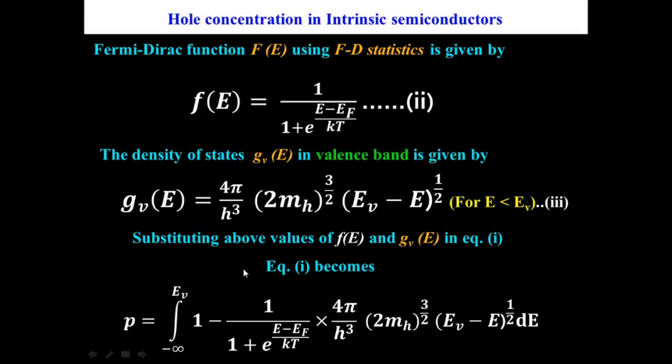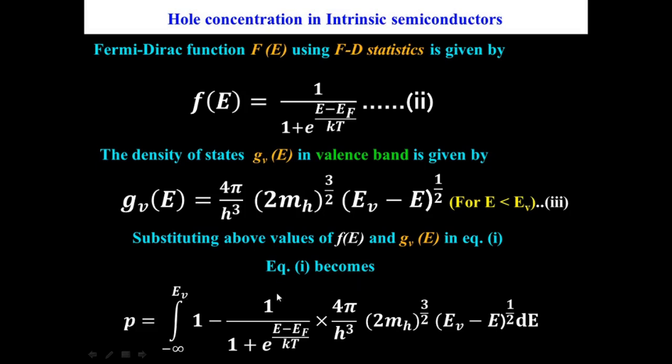This is the value of Fe from equation number 2, and this is 4 pi by h cube, twice mh to the power 3 by 2, (EV minus E) to the power half, the expression of density of states from equation number 3. We have set the limits from minus infinity to EV. This EV is the top of the valence band, and below this EV the energy levels can extend to minus infinity. That's why we have put the limit minus infinity to EV.